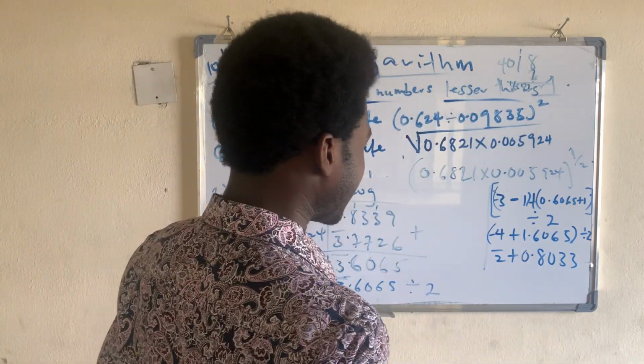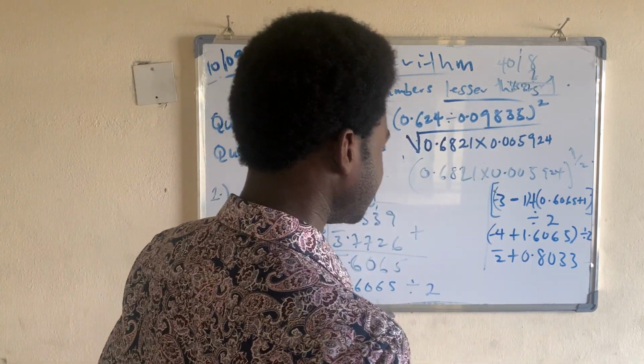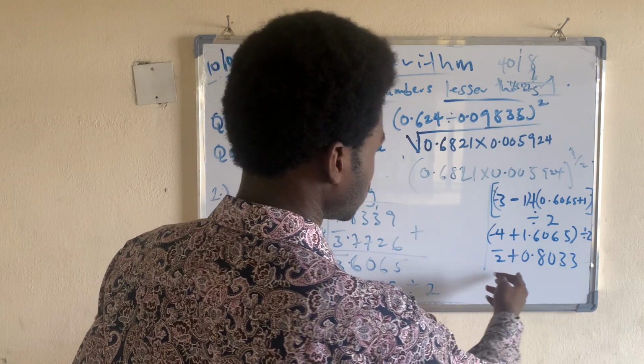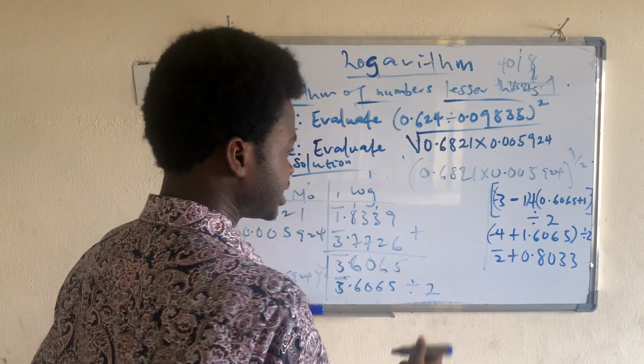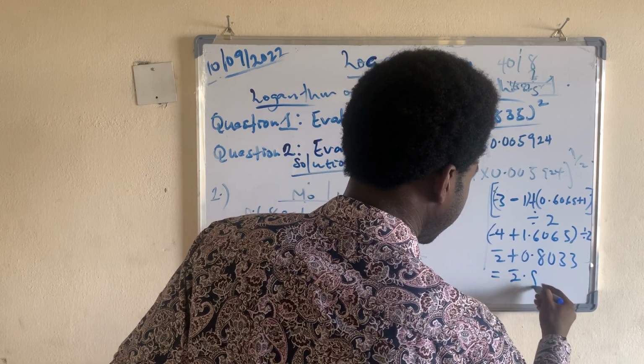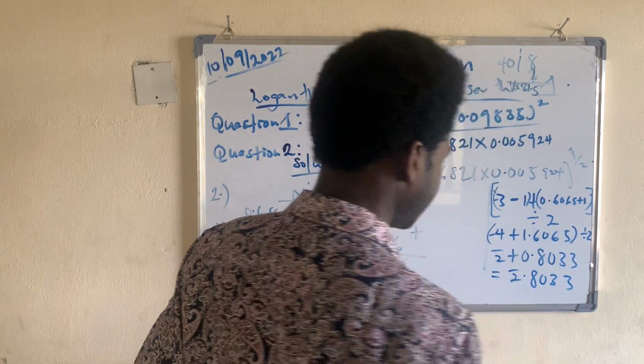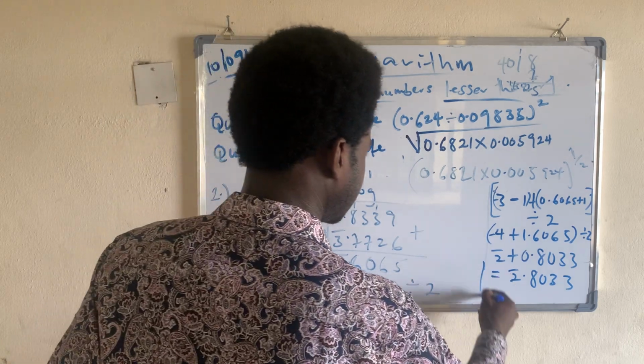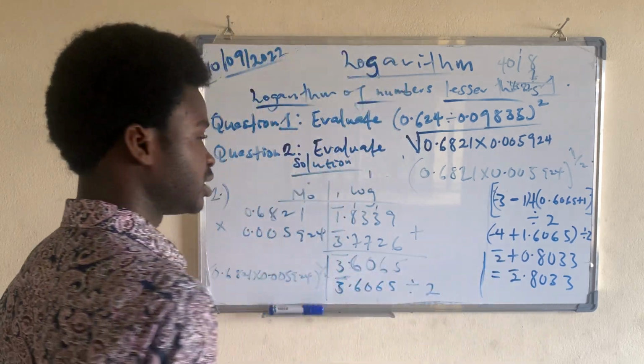So this is what we have by dividing this result by 2. So bar 2 plus that, which simply means I have bar 2.8033. Good. So this is the result of our logarithm value.